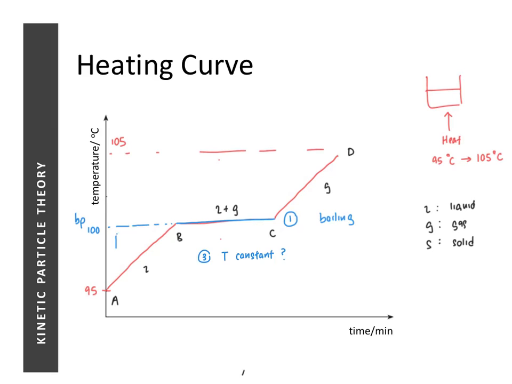Let's examine the particles in a liquid. It's in a disordered but closely packed manner, but in a gas, the particles are very far apart. So to convert a liquid into a gas, again, we need to overcome the attractive forces. And overcoming attractive forces requires or uses up energy. So the explanation is the same as before.